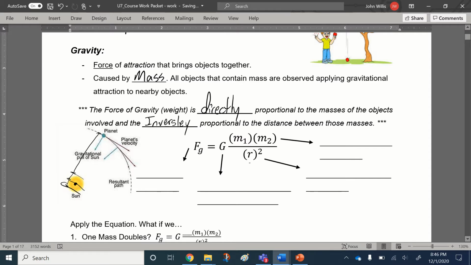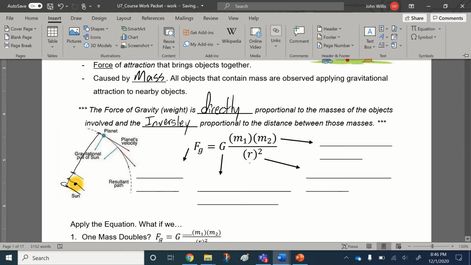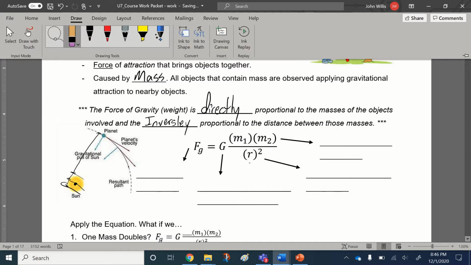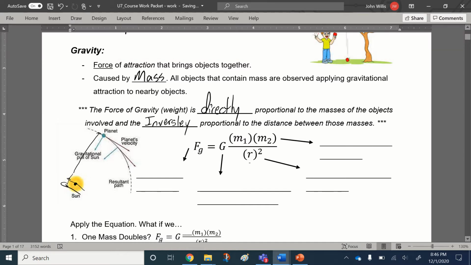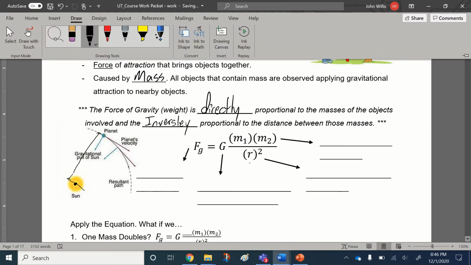And that's why we describe it as the radius in our equations. It is your distance from the center of the object, and that's always what we're going to be using. So it's the center of the Sun to the center of the Earth, or if you wanted to measure your weight, it's from the center of your mass all the way to the center of the planet, and that's the distance that we're going to be using.